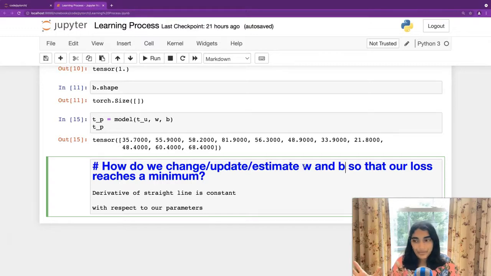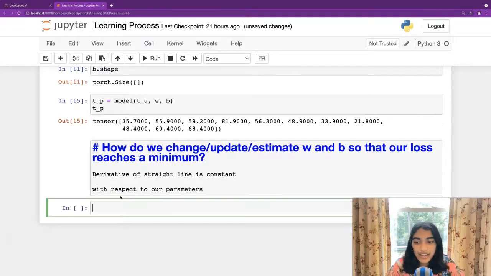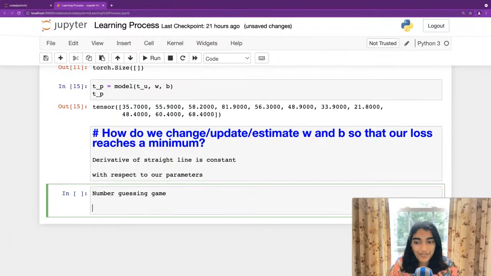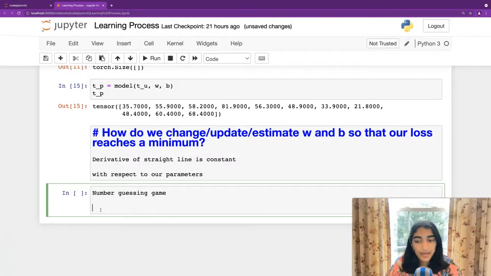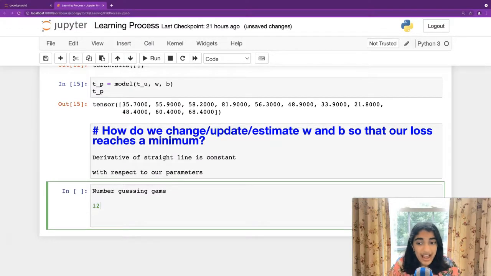So what we do is, you can think of it as twisting a knob, or a number guessing game. Maybe you developed this yourself and wrote a little code that does it, and maybe our secret number is 12.